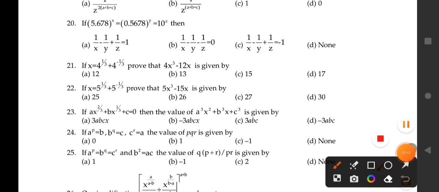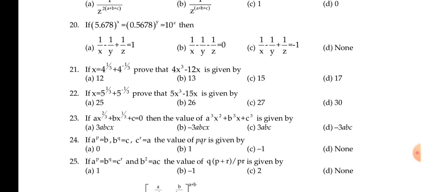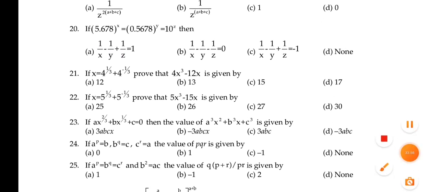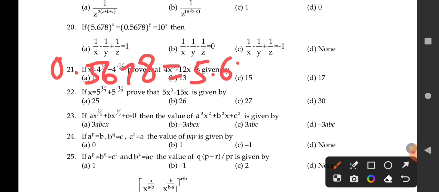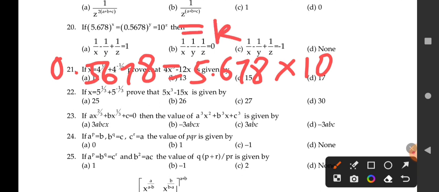Question number 20. Again, it is simple. Just see that when you multiply these two, you get this base, correct? Simple observation. So we have 0.5678 equals 5.678 into 10, correct? So if we equate it with k, what do we have?